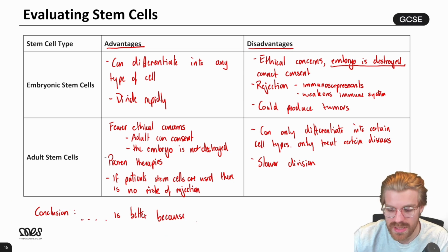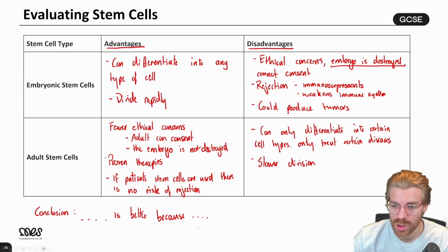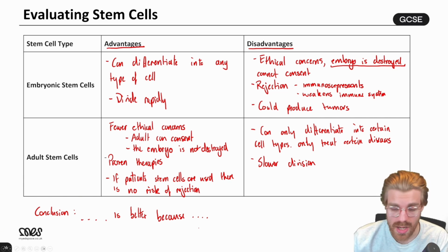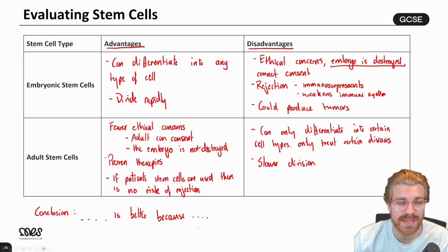And when we give a reason, we just need to restate one of the points we've already made in our answer. So for example, we might say embryonic stem cells are better because they can differentiate into any type of cell. Or I could say adult stem cells are better because there are fewer ethical concerns. I need to justify my conclusion.